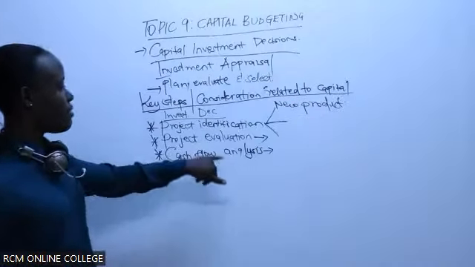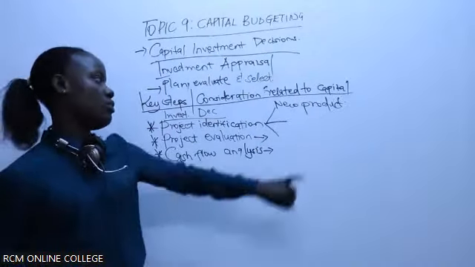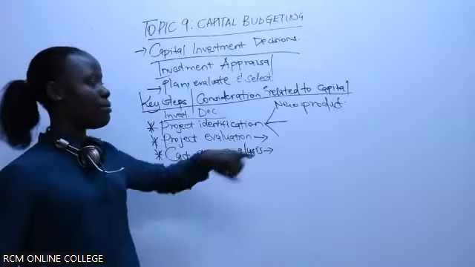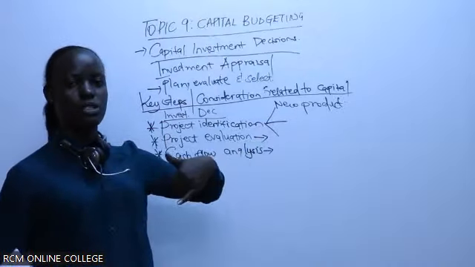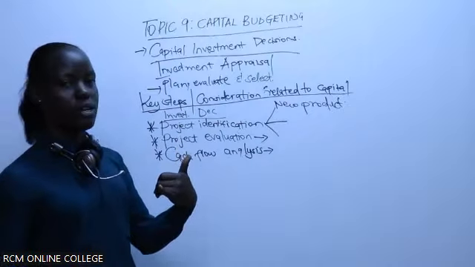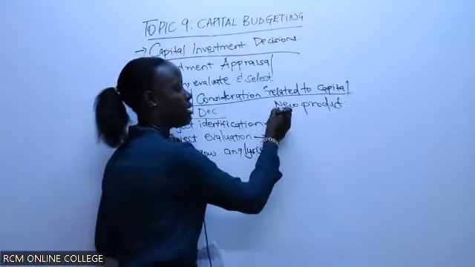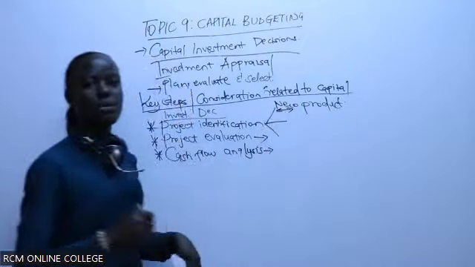Now at project evaluation, what is the cost of launching this project? What is the cost of coming up with this new product, or the investment that you want to venture in? What are the benefits that will come together with the new product?